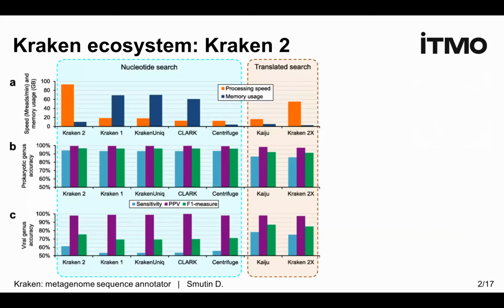And now, the most common tool for analysis in metagenomics, I believe, is Kraken, in its second version. It is much faster than the first version. It is a little bit more precise, and it also has bigger sensitivity.